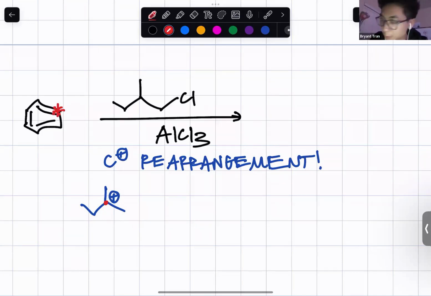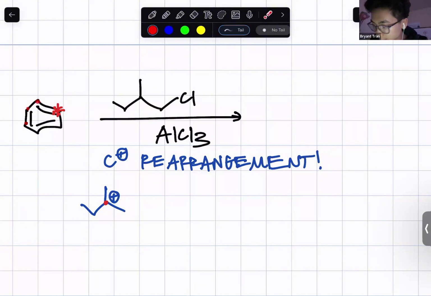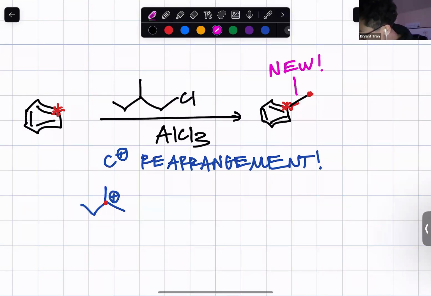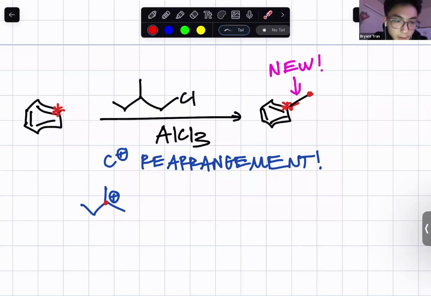It does not matter which carbon of the benzene attacks this electrophile because this benzene has no groups attached to it, no EDGs, no EWGs, no directing groups. So if I use that as my starred carbon, I'm going to make a new bond between the star and dot carbon right there. This is the new bond between the nucleophile and the electrophile.